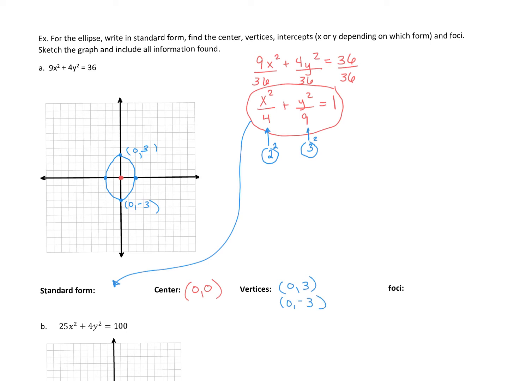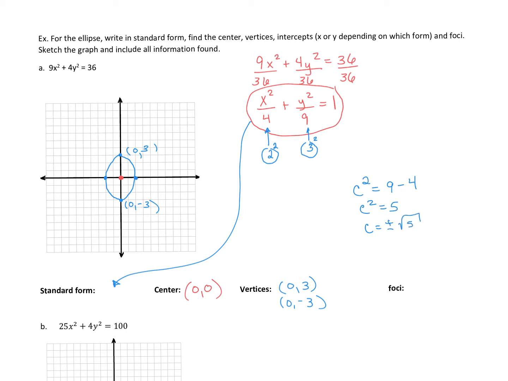And to find the foci, we have to take c squared equals 9 minus 4. That's our a squared minus b squared. And we get c is plus or minus root 5.